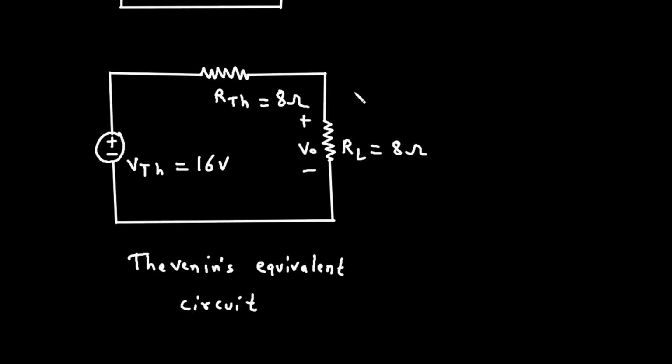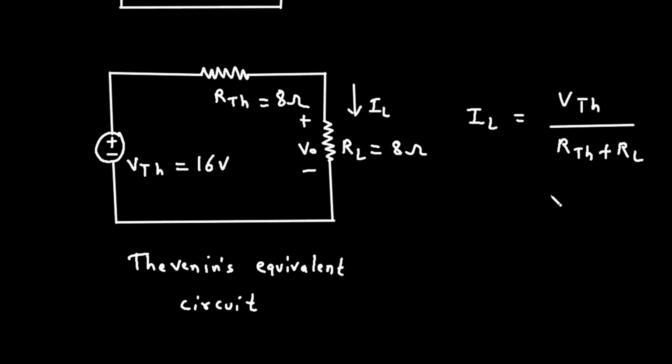And this current is current IL. Now to find the value of IL, there is a formula. IL is equal to VTH divided by RTH plus RL.